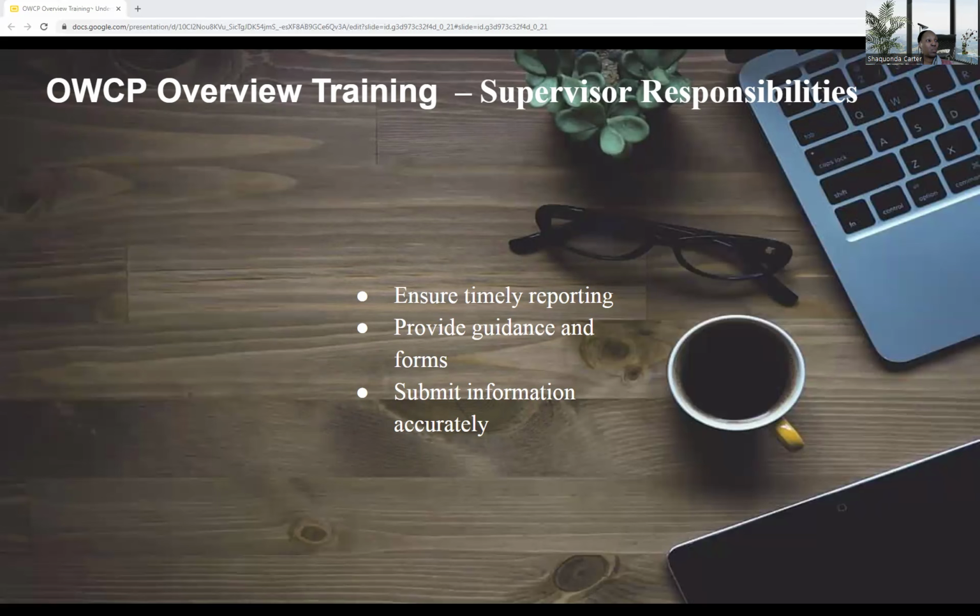It's also to submit information accurately, because OWCP, the Department of Labor, is going to depend on the employee and the supervisor to provide the correct information. You don't want to accidentally send the wrong social security number or date of birth. All of that will prevent the employee from receiving their benefits on time and cause delays with wages and things of that nature.